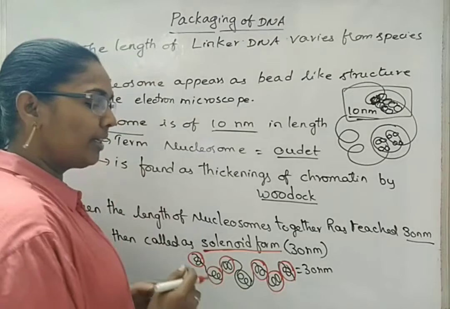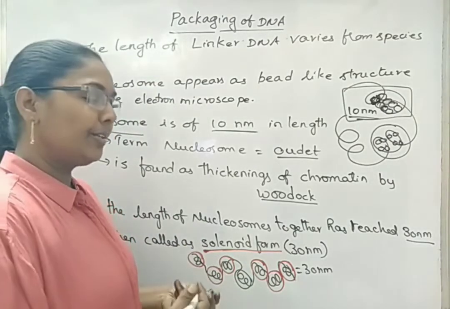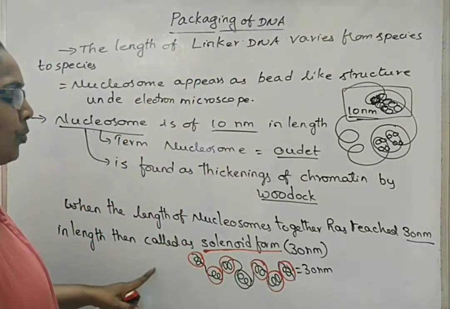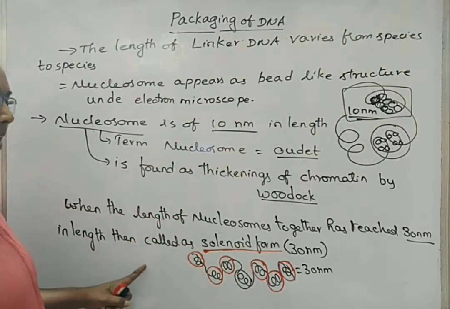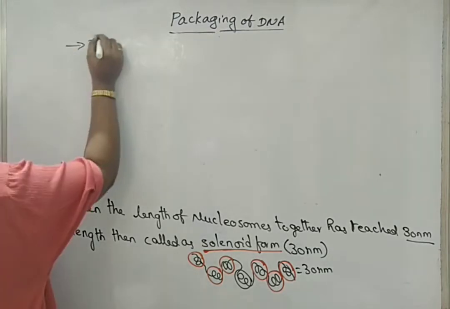When this solenoid is highly packed and highly coiled around itself, then it forms another form called super solenoid form. It means that the solenoid form is highly coiled around itself.